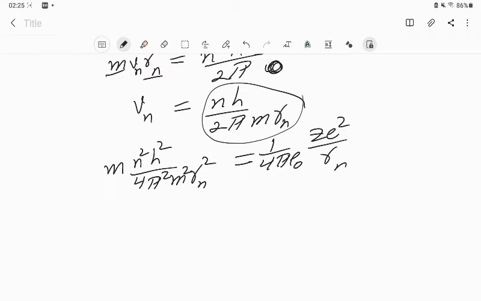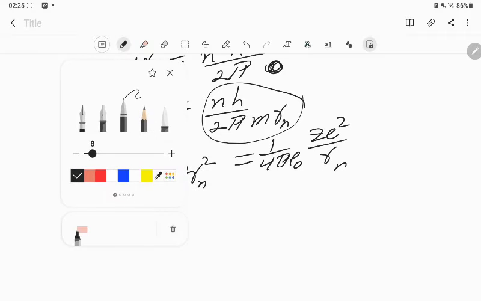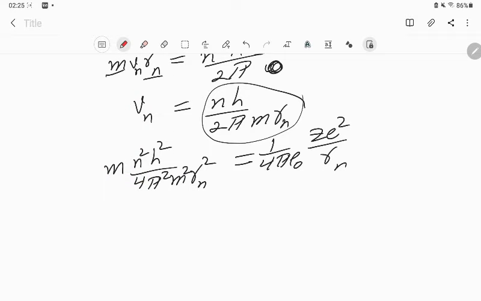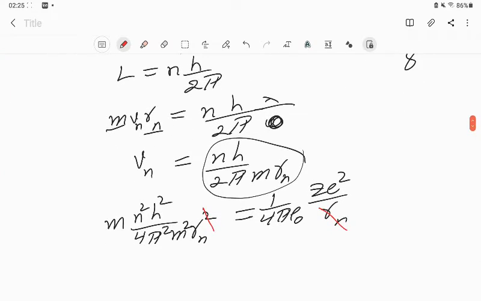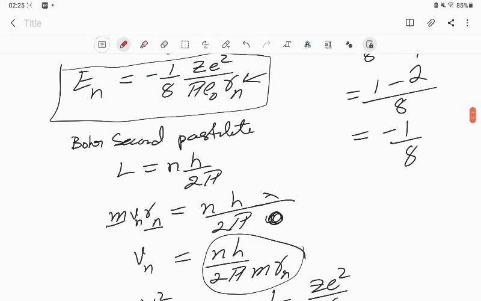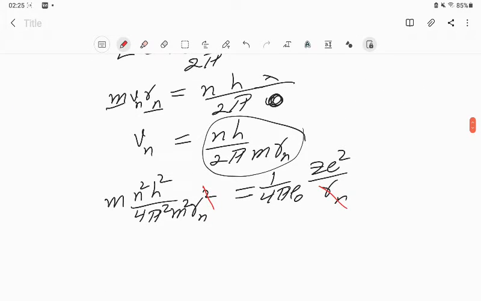So now cut whatever you can cut. Okay, so pi, r_n will cancel. One m cancels, one pi cancels, 4 cancels.